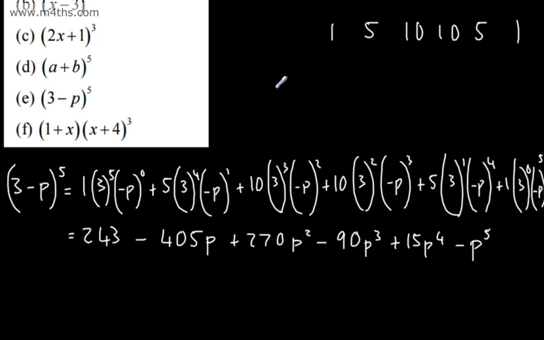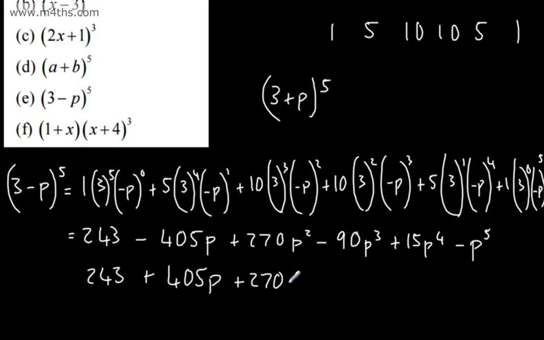So for example, if I was to expand 3 plus p to the power of 5, I could copy this out, but here I just have 243 plus the 405, then we'd have another plus just here, then we'd have plus just here, so that would be 90p to the 3rd, plus just here, and then we'd have a plus just there. So that is now just considering if we have a negative here and an odd power, the answer is going to be negative.